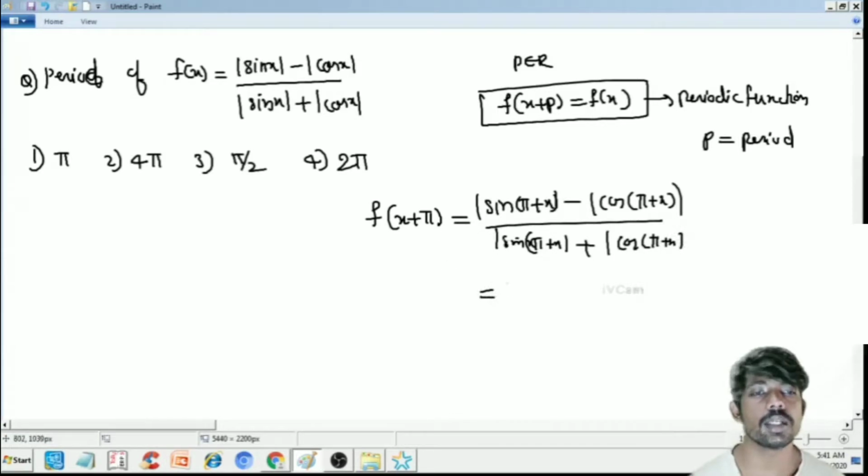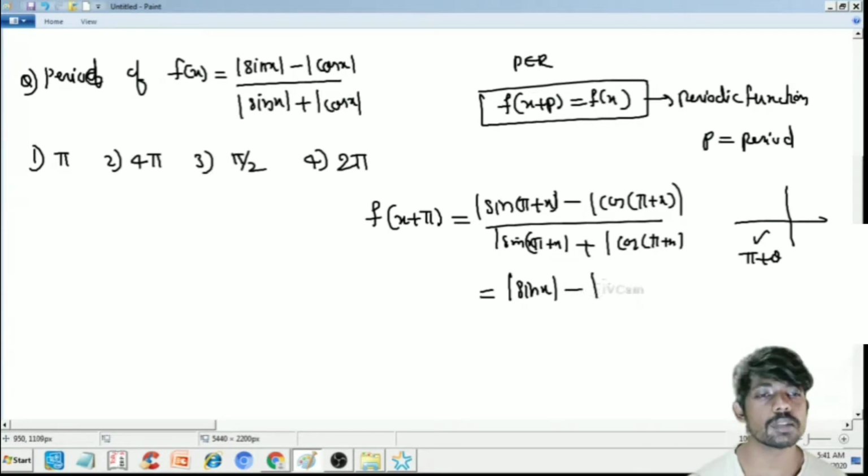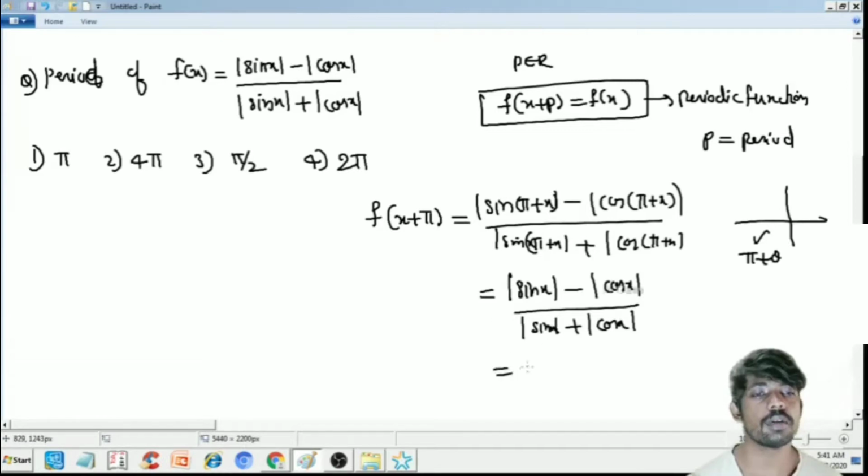Hence you get 180 plus theta, which is in the third quadrant. Pi plus theta in the third quadrant, sign is negative, but modulus is there, due to which it is positive. Hence mod of sin x minus mod of cos x by mod of sin x plus mod of cos x. Hence this is f of x.